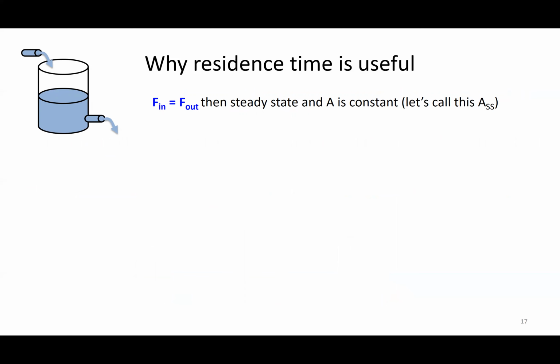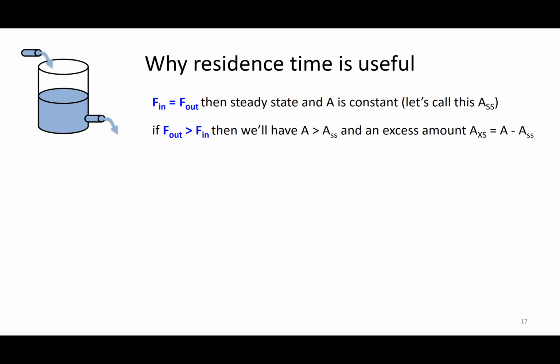Taking this example a little bit further, where we have a tank and the input flux equals the output flux, the tank is in steady state and the amount of water doesn't change. The amount is constant. Let's call that amount A with the subscript SS for steady state.